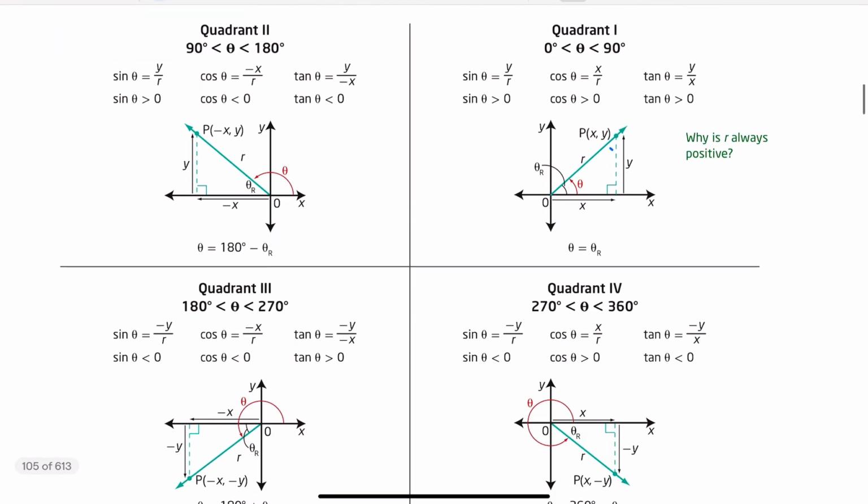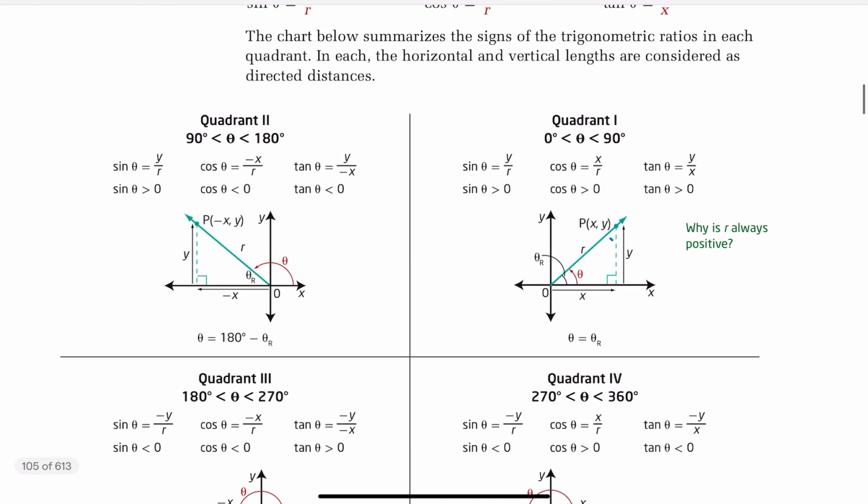So let's go over some explanation. As we said, if we have one angle theta here, the theta will be the same as the reference theta because they are in quadrant 1.